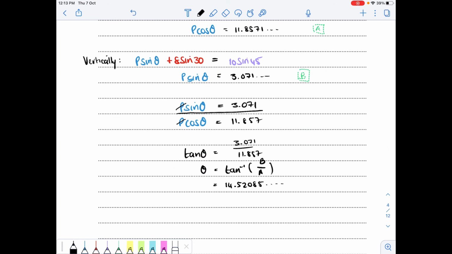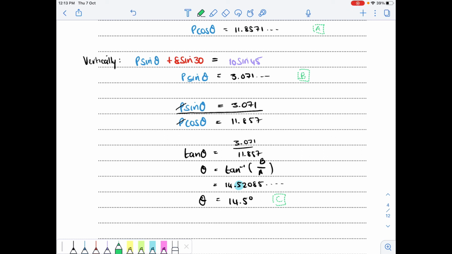And when we are giving our answers for degrees, we need to round to the first decimal place, which is that 5 over there. And so we can round that to 14.5 degrees. Now again, we need the exact value of this for later on. So let's store this as value C on our calculators.